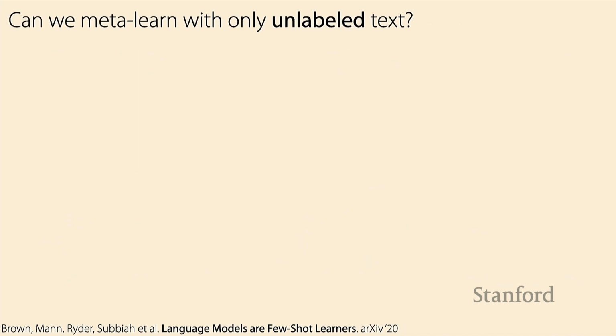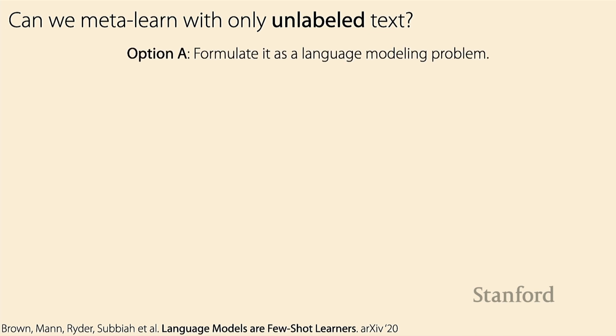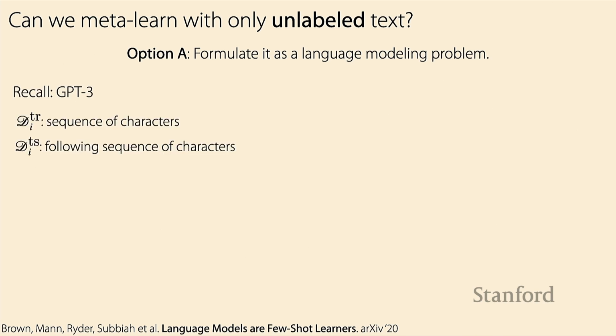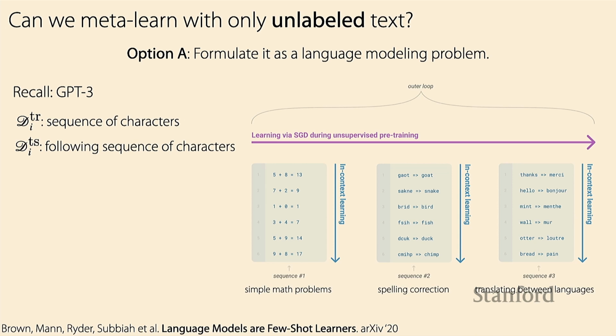Cool. So those were a couple examples with images and how to construct tasks when you have unlabeled images. You can also apply the same recipe with text, with a different task construction technique. One option which we've seen before is to formulate a language modeling problem, where the support set is a sequence of characters, and the query set is the following sequence of characters.